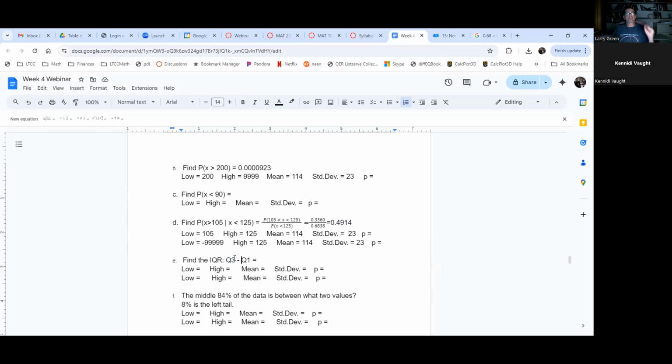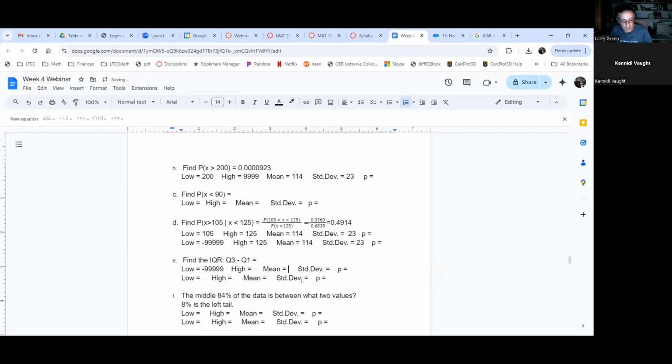So that means there's a 75% chance of being less than that number. Negative 1,000,000 is less than that number, so you can go all the way down to negative and a bunch of nines. The high is what we don't know, because it's less than that number, which we don't know. That's the one we leave blank.